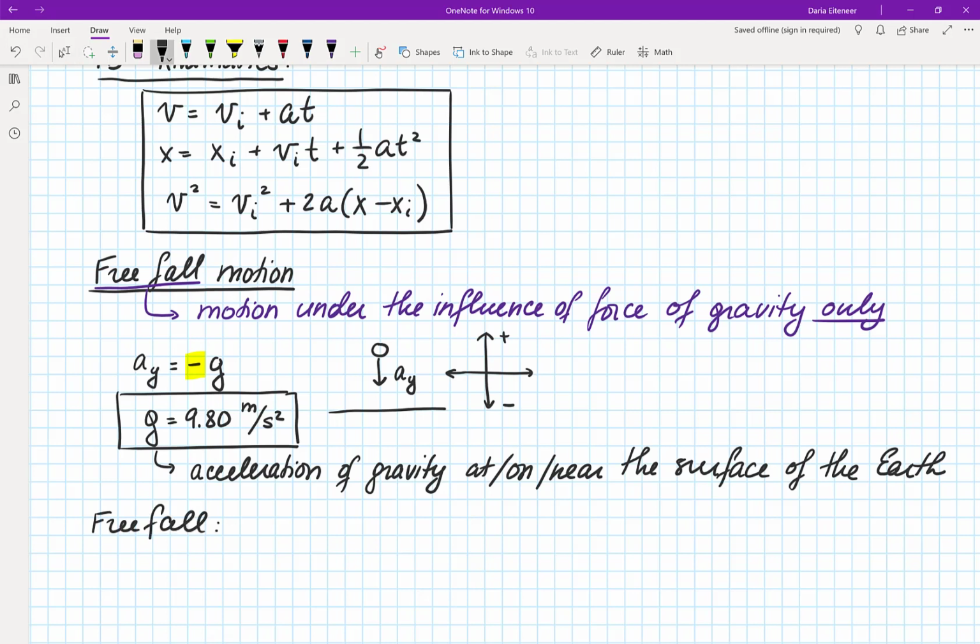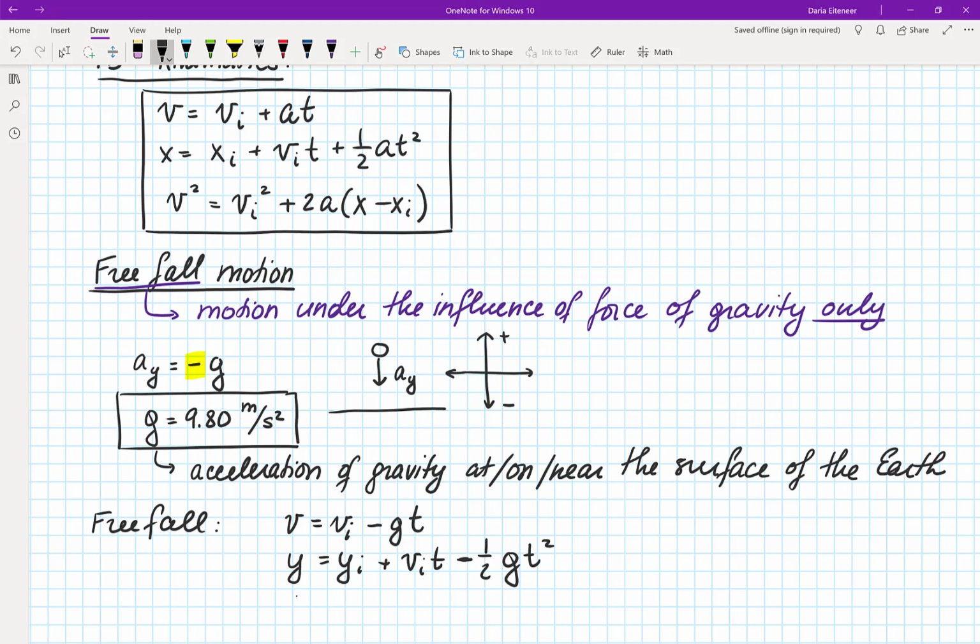All right, so I'm going to keep all the v's and everything else and just have minus gt in the first equation. I'm also going to replace x's with y's because typically that's how we label the vertical coordinate. And again, I'm going to have minus g, so that term gets an extra minus sign.